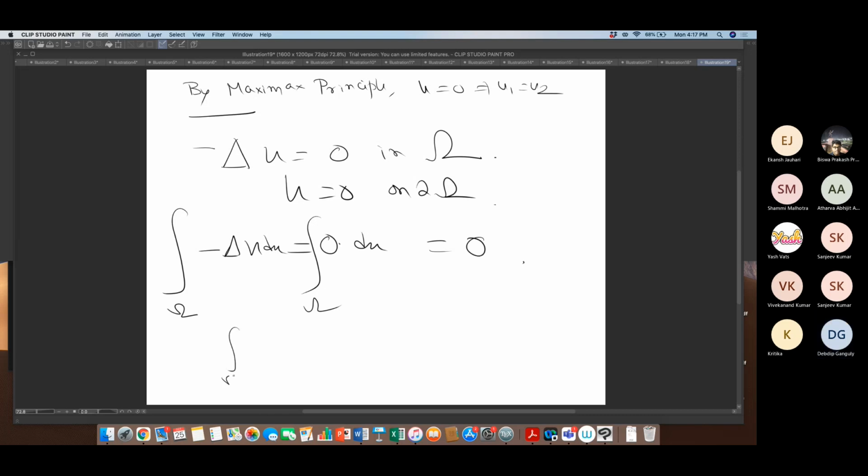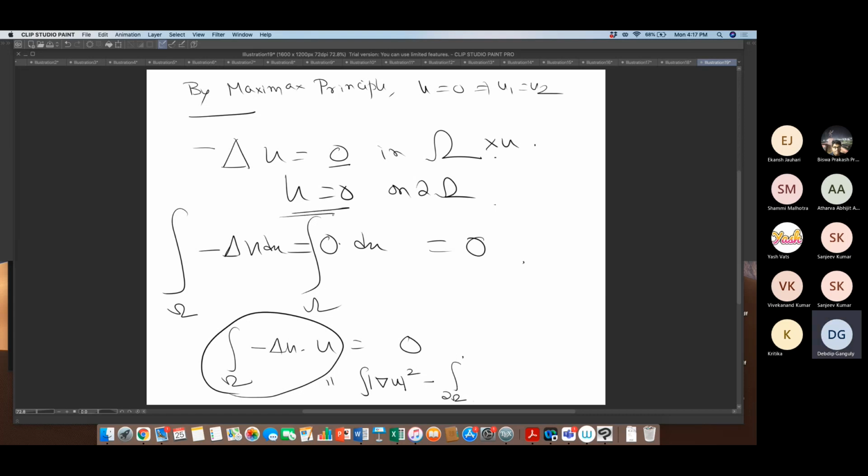That means minus Laplacian of u times u equals 0. In this equation I multiply with u. I use integration by parts here: gradient of u mod square minus the boundary integral over del omega of u, which equals 0. So this part will be 0.